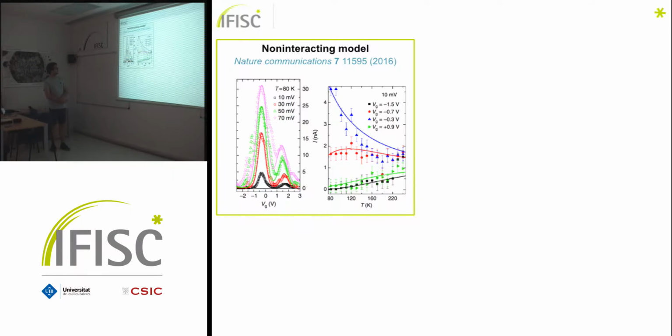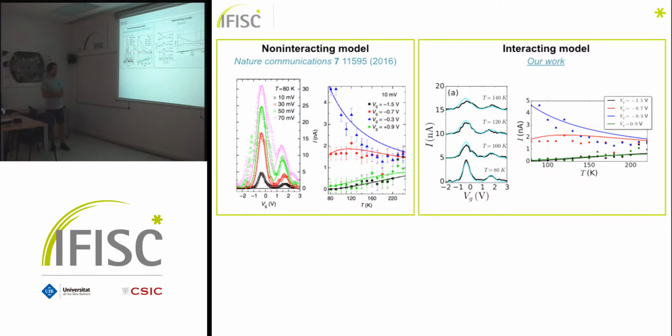Both peaks appear in the electric conductance, and with the thermal effects, some show decreasing behavior and some increasing. With our work, we have more or less the same two peaks, and at different points we have fitted and we have more or less the same result.